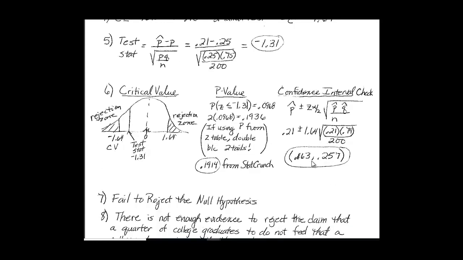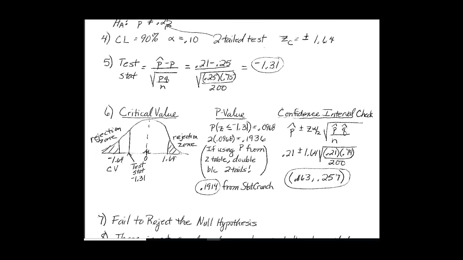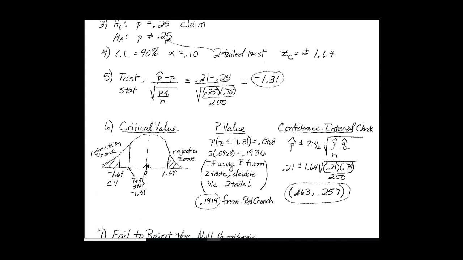We're like, what's that even mean? Sorry, I keep flipping back and forth here. I'm trying to get to where you can see the null hypothesis. We're testing if the true population proportion is equal to 0.25. 0.25 falls in this range. So we can't really reject the null hypothesis.